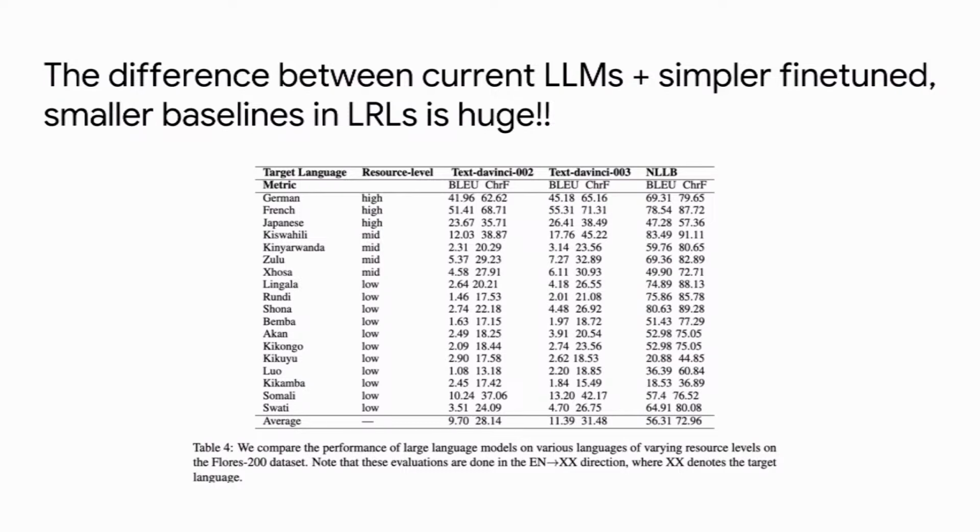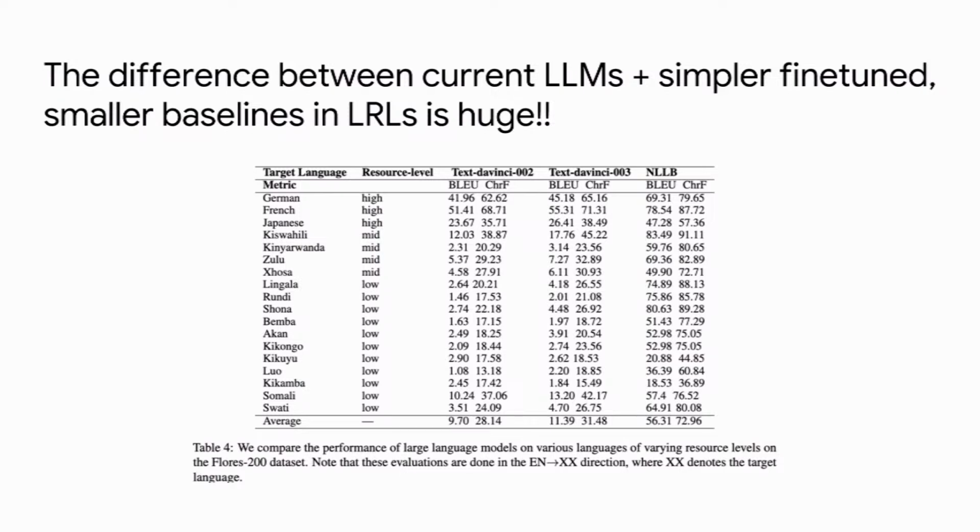Another interesting thing here, we tried few-shot prompting a bunch of models on languages with different degrees of resources. We tried the OpenAI TextDaVinci 2 and TextDaVinci 3 models, and also used the NLLB models. We can see that though NLLB seems to maintain performance or gets decent scores, with the TextDaVinci models the drop is quite stark.